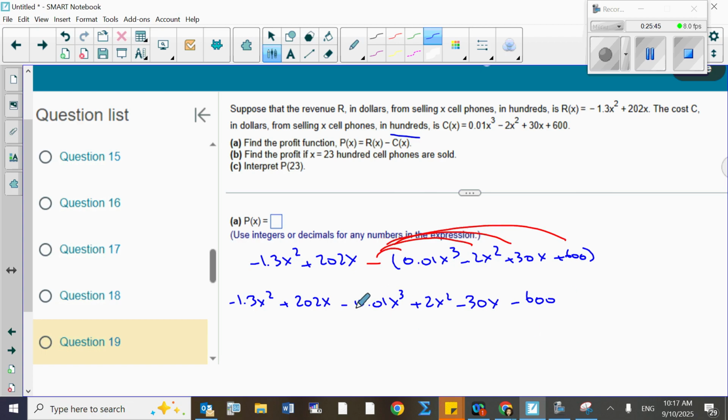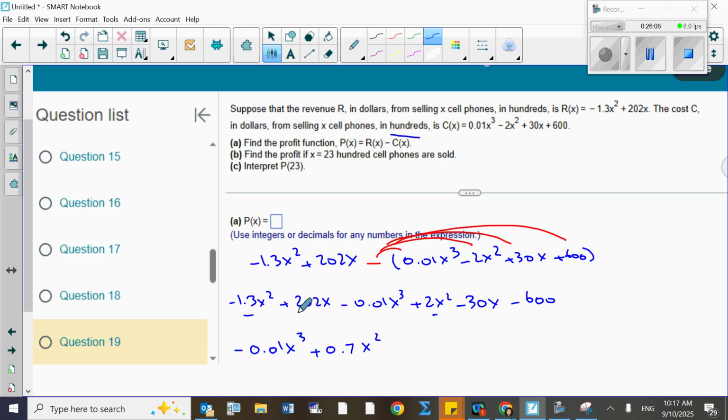So x to the 3 does not have any like terms. I'm going to start with the one which has the highest power, 0.01x to the 3. And now x squared and x squared can be combined. So negative 1.3 plus 2 will make it 0.7x squared.